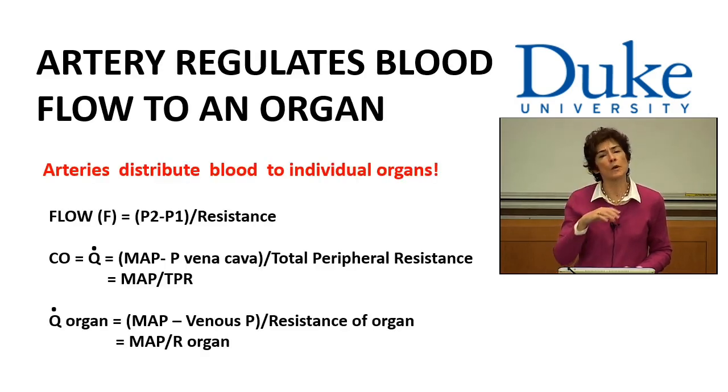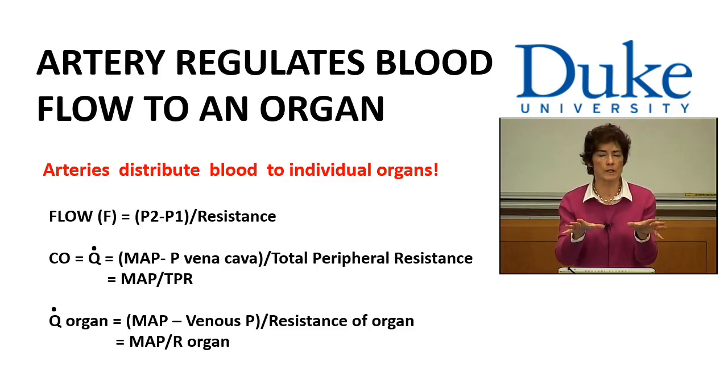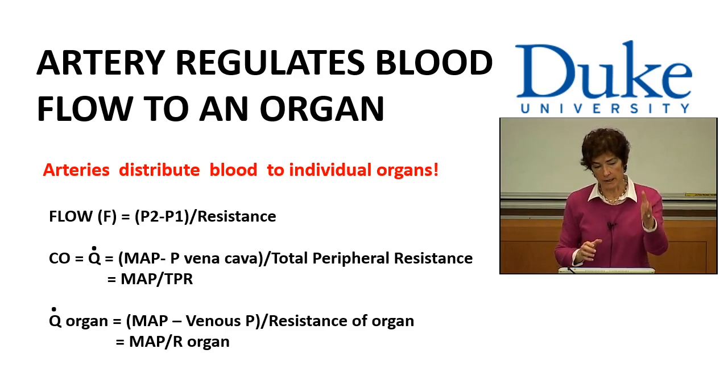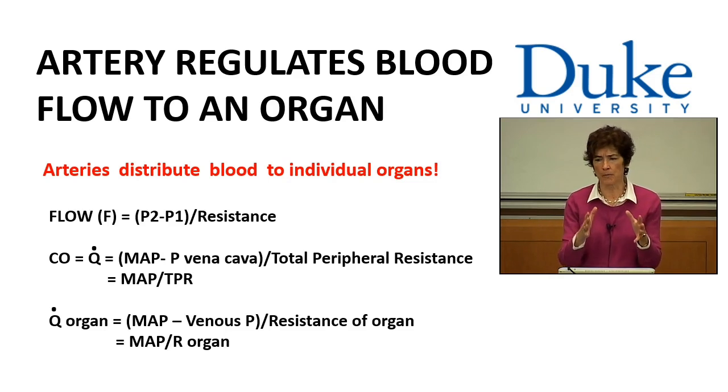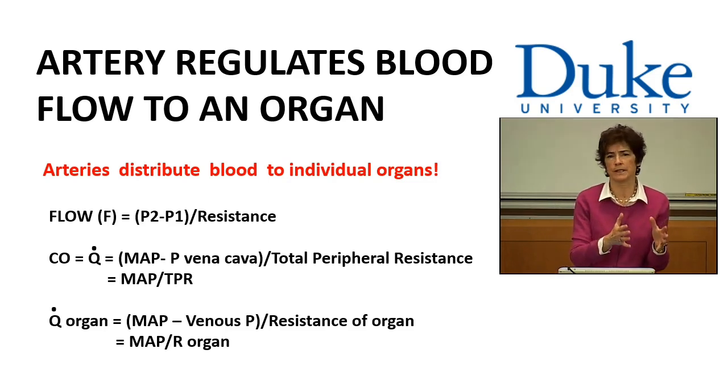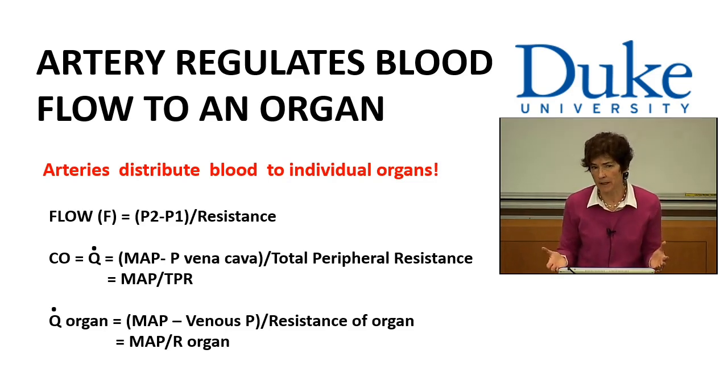Okay, so now the blood is going to be distributed to the various organs. I told you that the distribution will occur through a parallel system, so that I can distribute blood to the GI tract and not be distributing blood, say, to the skeletal muscles. Why do we have to move blood from one organ system to another depending on demand?